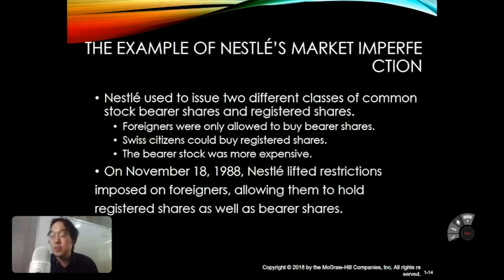But in terms of shareholder base, it was a different story. The controlling shareholders used to have this kind of mindset: we don't want to lose our control to foreigners. We want to dominate and control, but we still want to attract foreign money as well.